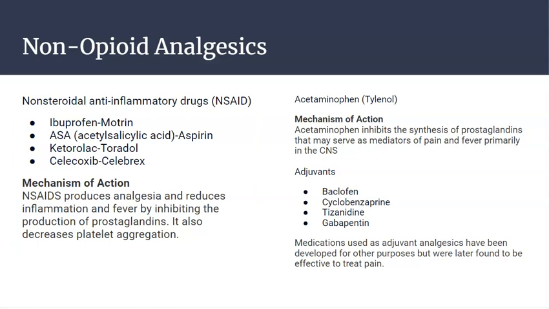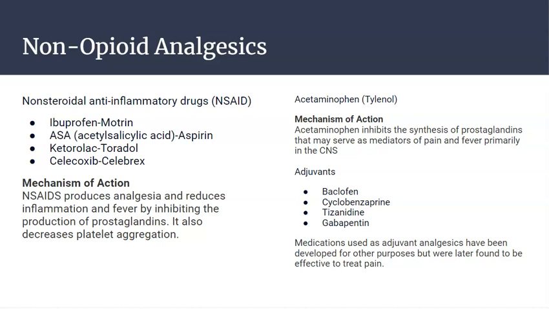The other type of non-opioid analgesic is acetaminophen or Tylenol, and the way Tylenol or acetaminophen works, it inhibits the synthesis of prostaglandins that may serve as mediators of pain and fever in the central nervous system.